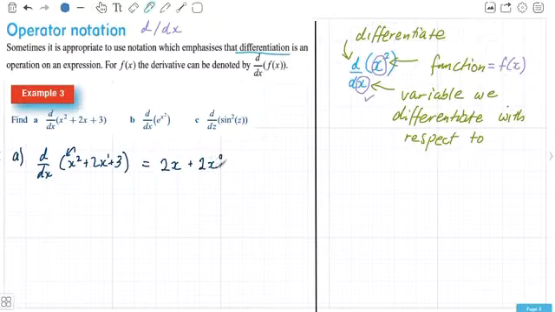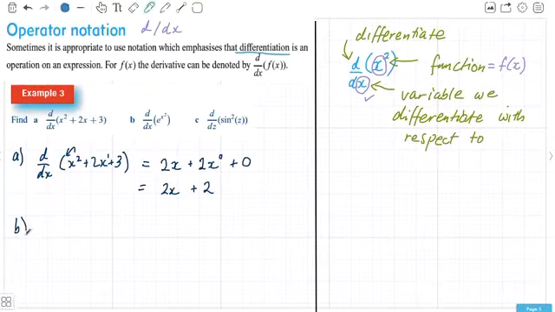We get x to the power of 0, and the derivative of a constant is 0. Now you'll know that anything to the power of 0 is 1. So this is really going to cancel down to 2x plus 2. So the derivative of x squared is 2x, the derivative of 2x is 2, and the derivative of the constant is 0. So that's the derivative of that function.